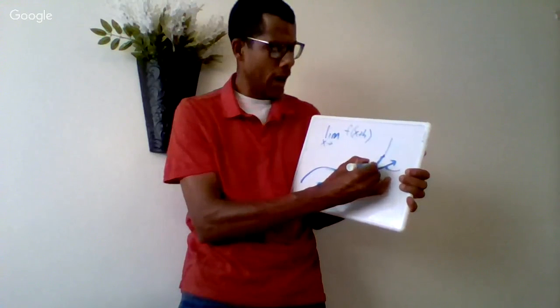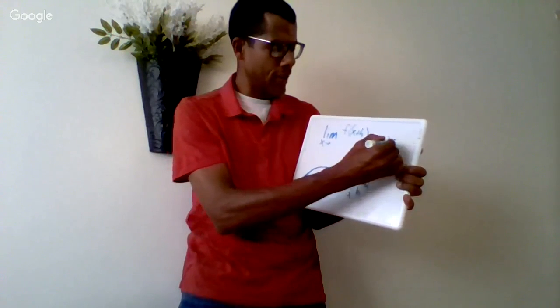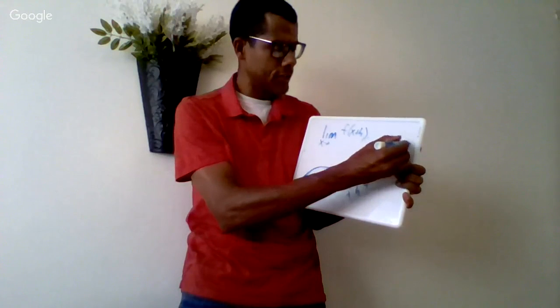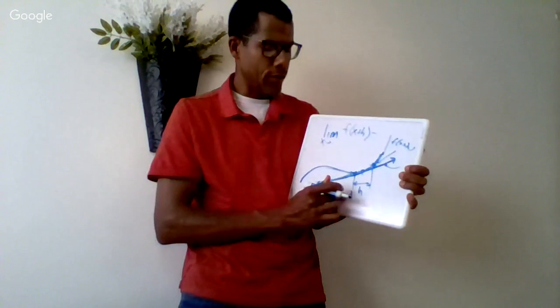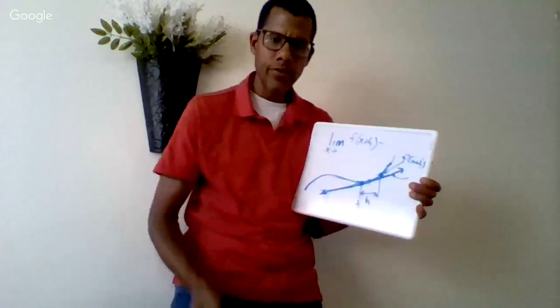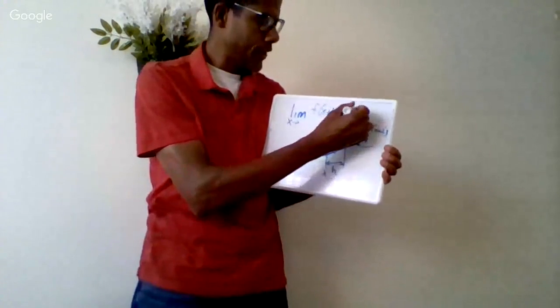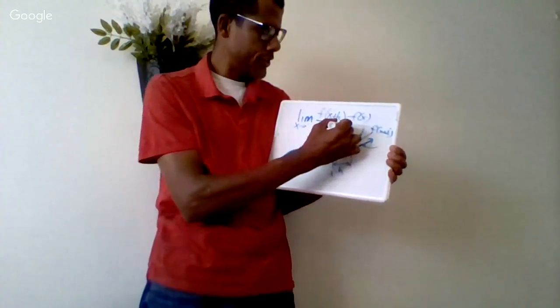So we need the y value here. That y value is f of x plus h, minus the y value at f of x. So f of x plus h minus f of x, all divided by h.